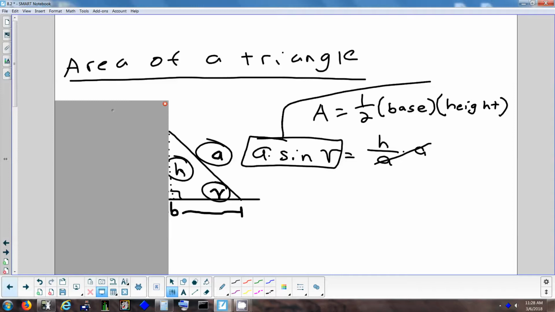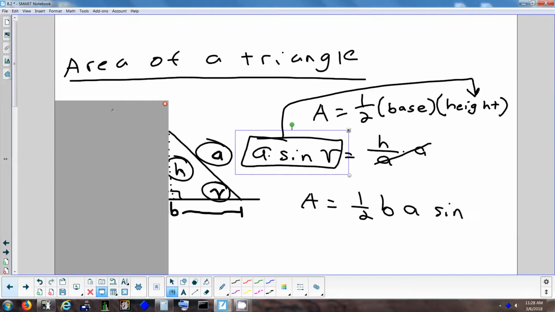So what are we going to do? We're going to put that right there. And that's going to give you a new formula for the area of a triangle. Area equals 1/2. Let's just call the base b. And now for height, don't put h. Put what h equals in that box. a sine gamma.